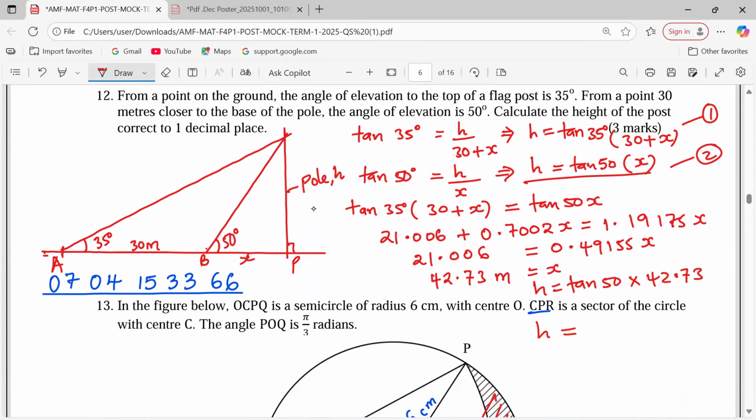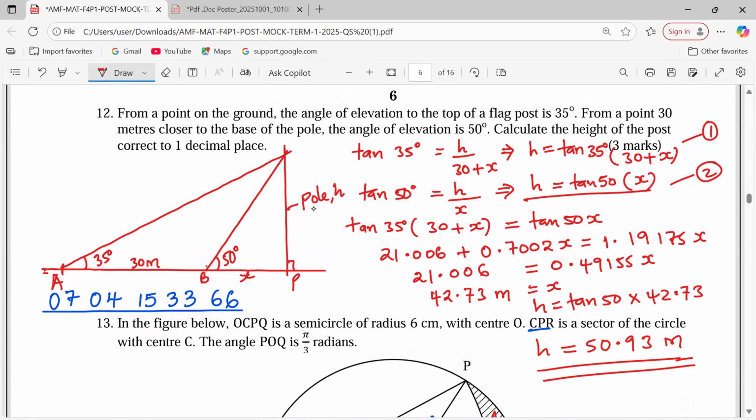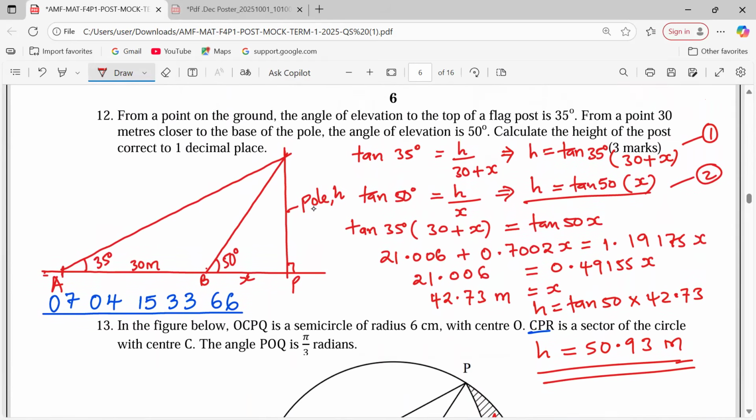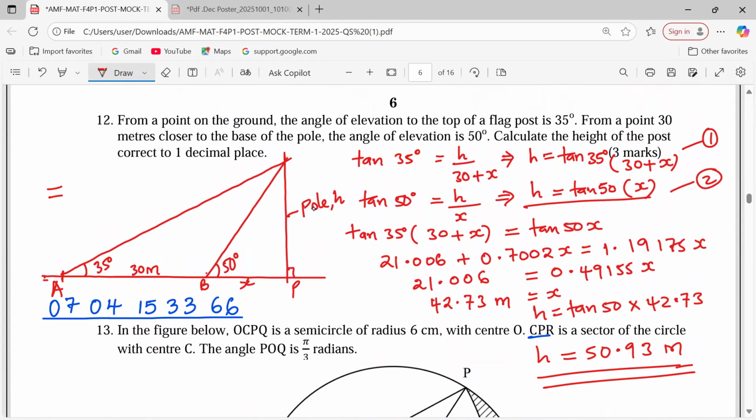We multiply this by tan 50, giving us 50.93 meters. So that is the height of the flag post. We've been told to 1 decimal place, so 50.9. It's good to obey instructions to the letter. 50.9 meters. This is now the final answer.